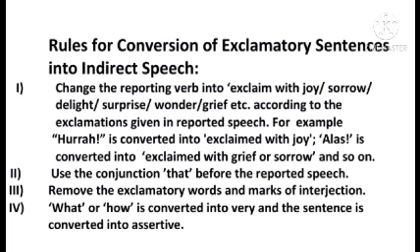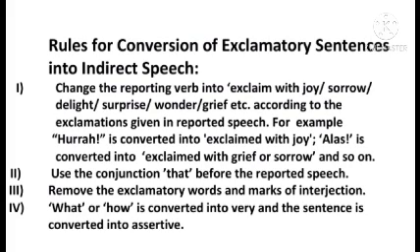Now let's see the rules for conversion of exclamatory sentences into indirect speech. The very first rule, change the reporting verb into exclaim with joy, sorrow, delight, surprise, wonder, grief, according to the exclamations given in the reported speech. Let's see the example. Hurrah. If hurrah is there, it will be converted into exclaimed with joy.